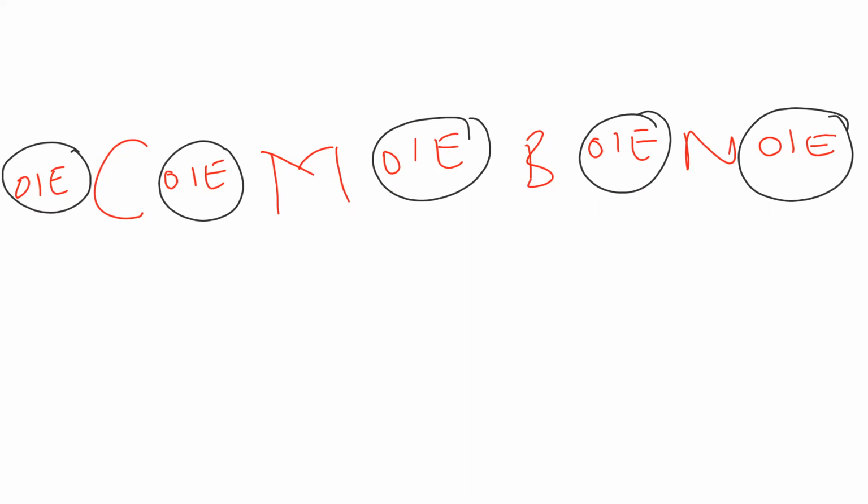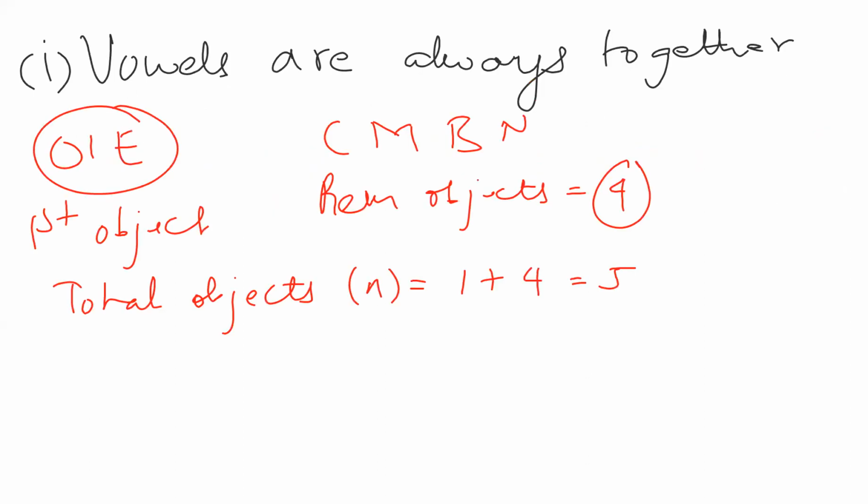So how many objects are there? OIE is the first object, then C, M, B, N. Are you convinced? Yes, sir. So OIE is always together, so it is considered as the first object.